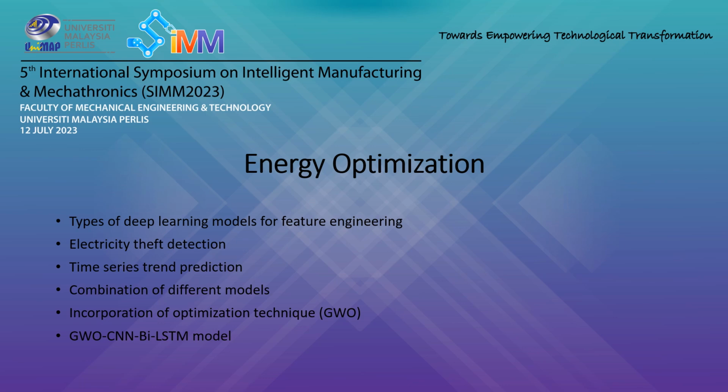Researchers have employed the Gray Wolf Optimizer, which we call GWO, as a meta-heuristic optimization technique to optimize the parameters of deep learning models. This incorporation improves the accuracy and reduces human effort in parameter selection.